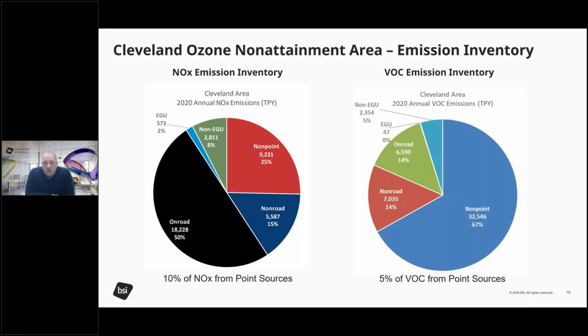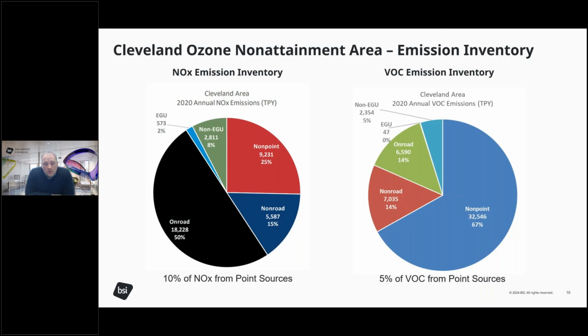This is based on the 2020 emission inventory. So as you can see, for NOx, point sources, those from industrial facilities coming from stacks, only make up about 10% of the NOx emissions within the non-attainment area. The on-road and non-road make up about 65%, with the non-point sources being 25%.